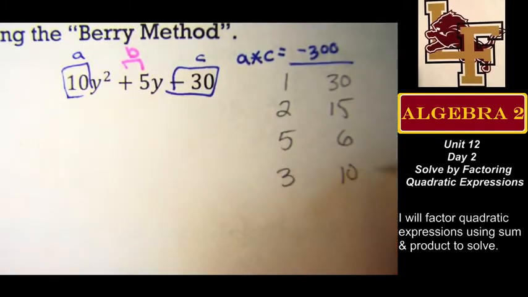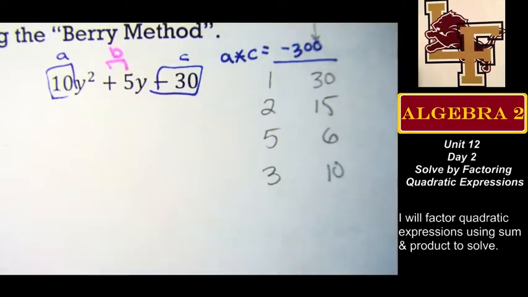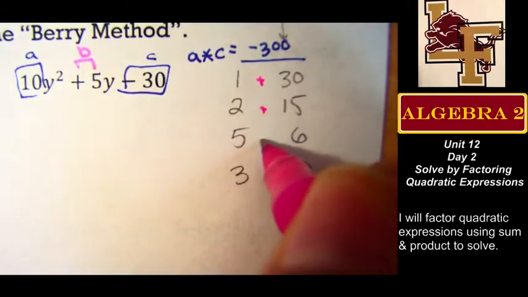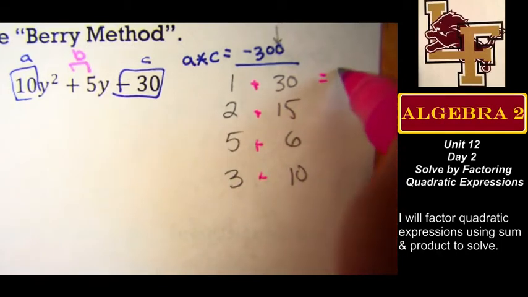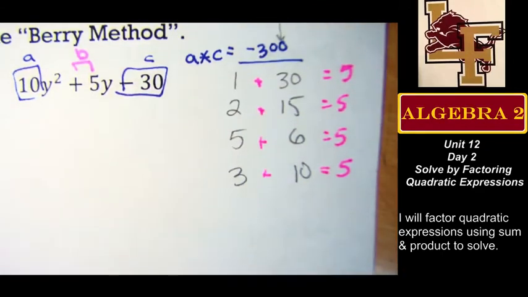Okay, so those are factor pairs of 30, but I was looking originally at 300. So on these, I'm going to have to multiply one of them by 10. I'm going to have to stick an extra 0 at the end of it. And then I want the addition of those to give me a 5. We're going to add a 0 to one of these numbers.